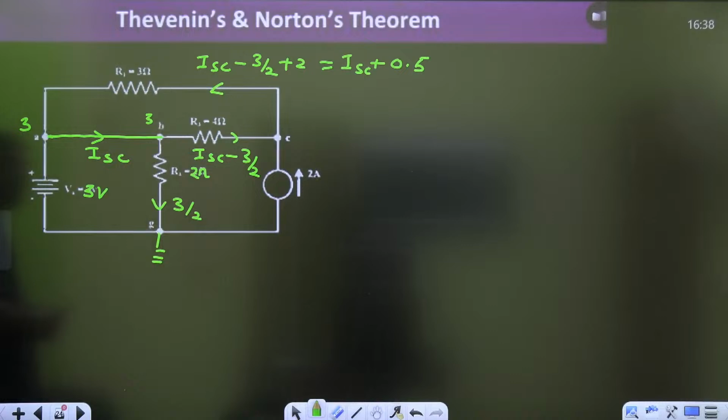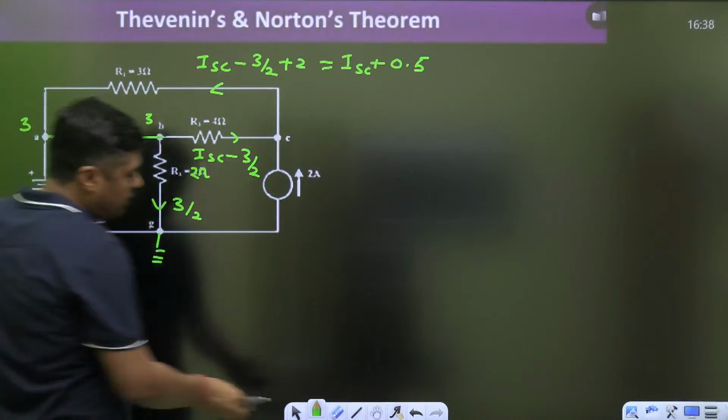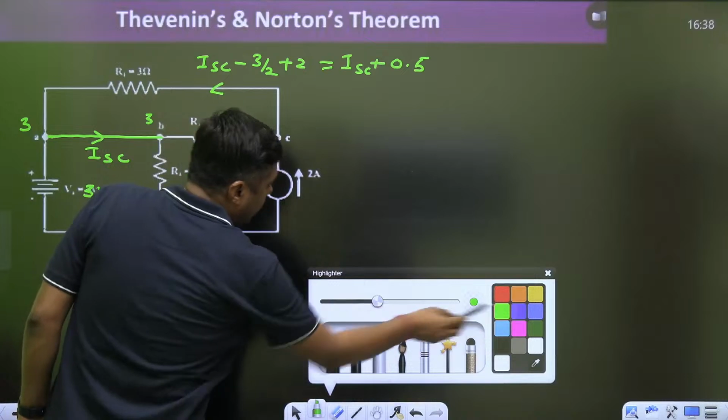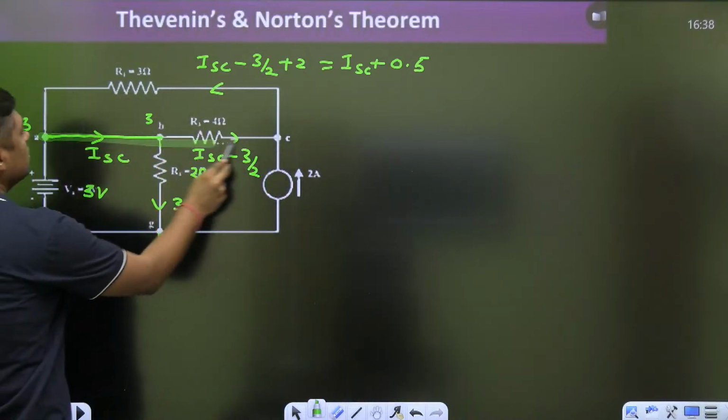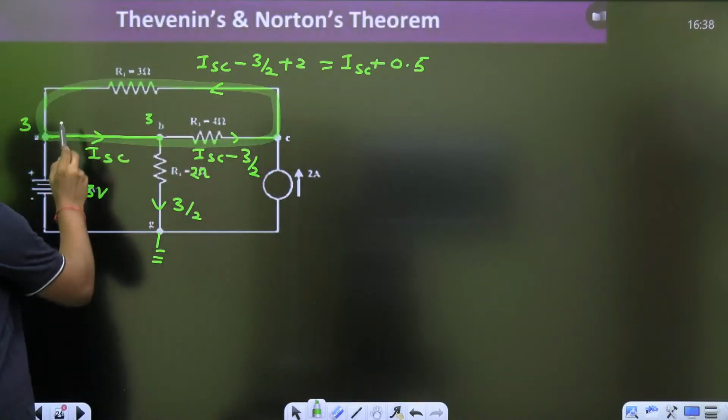Right? Now, where can we apply KVL to find the value of ISC? You can apply the KVL from this point to this point to this point, just to find the ISC.